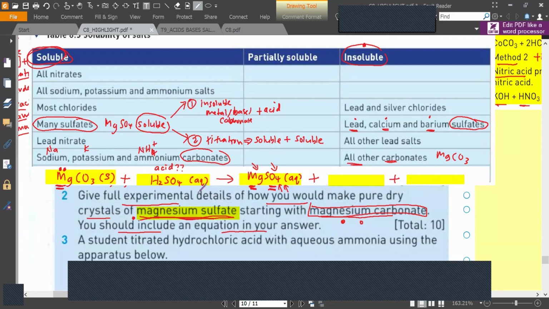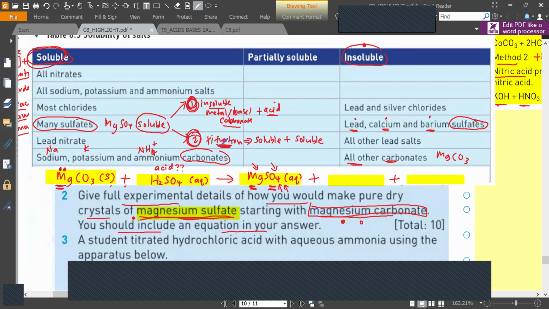Now our question is whether we should use method 1 or method 2. Do we take the insoluble carbonate plus acid, or use titration?